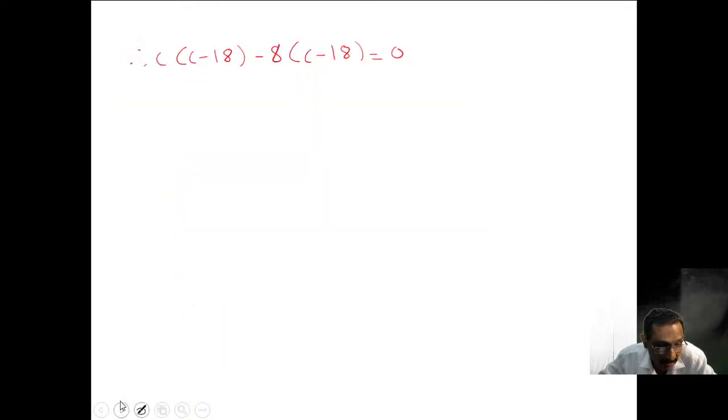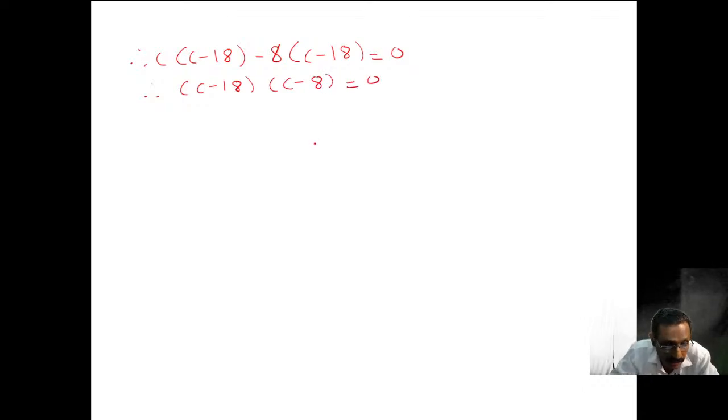So what I have with me is C minus 18 over here. Therefore I have C minus 18, and here I have got C minus 8, which is equal to 0. Therefore C minus 18 is equal to 0, okay, or C minus 8 is equal to 0, okay.